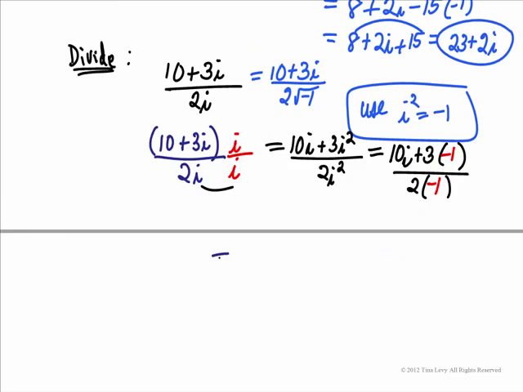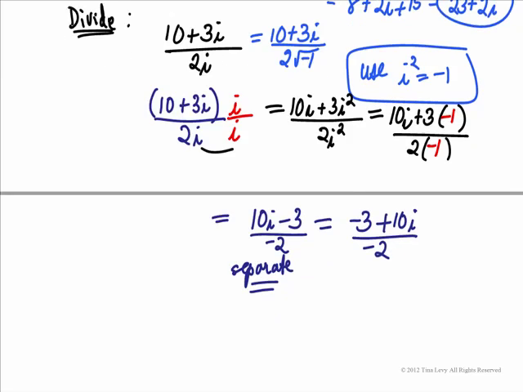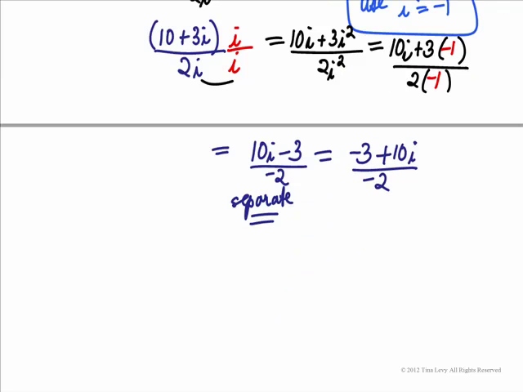Continuing, I see that this becomes 10i minus 3 over 2 times negative 1, which is negative 2. But our complex numbers must be written with a real part and an imaginary part. So I have to write this as negative 3 plus 10i over negative 2, and then I have to separate the imaginary and the real.